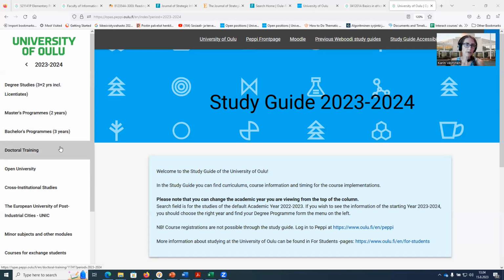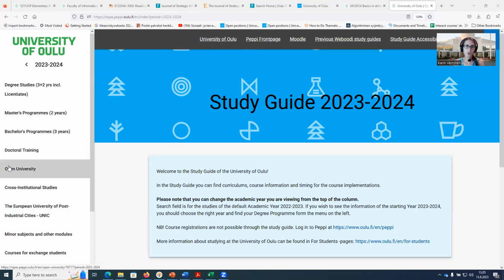First of all, you can find optional studies within our own SAYS program. Such courses that are not mandatory for you can be taken as optional studies. I'll show that in a moment. There is a tab called Minor Subjects and Other Modules. That's also a place where you can find optional studies, and I'll show you that a little bit.